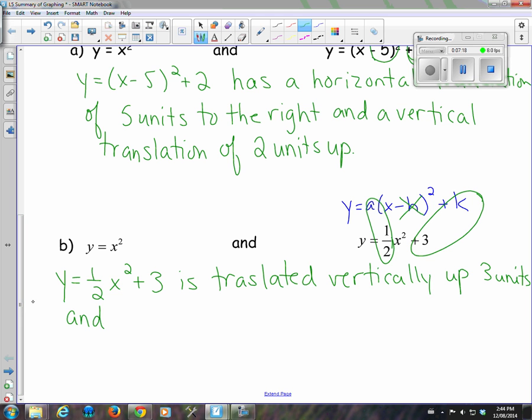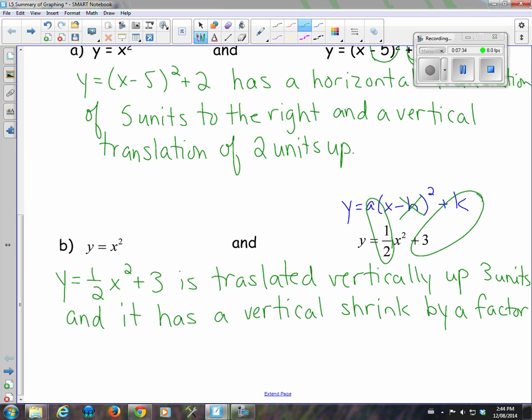So we say it has a vertical shrink by a factor of, sorry, not 2, that's silly, by a factor of 1/2. The number in front is 1/2.